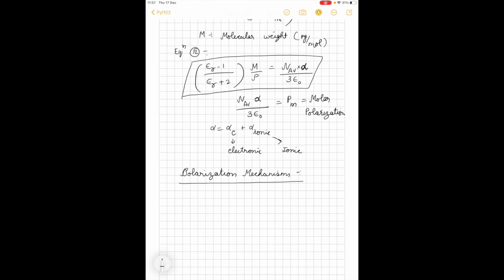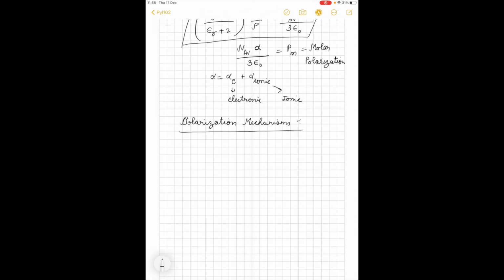One of the polarization mechanisms we already saw, but let me write down how many types there are. The first one is called electronic polarization. The second one is called ionic or atomic, or sometimes vibrational polarization.